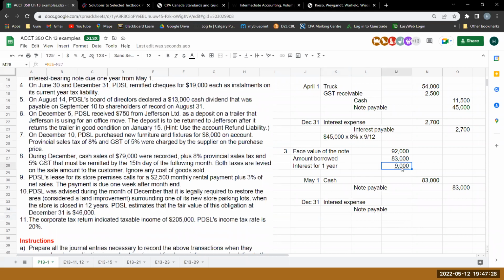For a full year, the interest is 9,000. Can you figure out how much it should be for 8 months? If 9,000 is for a full year, for the 8-month period, it should be 8/12 of 9,000. So 8/12 of 9,000 works out to $6,000. Get the same number?